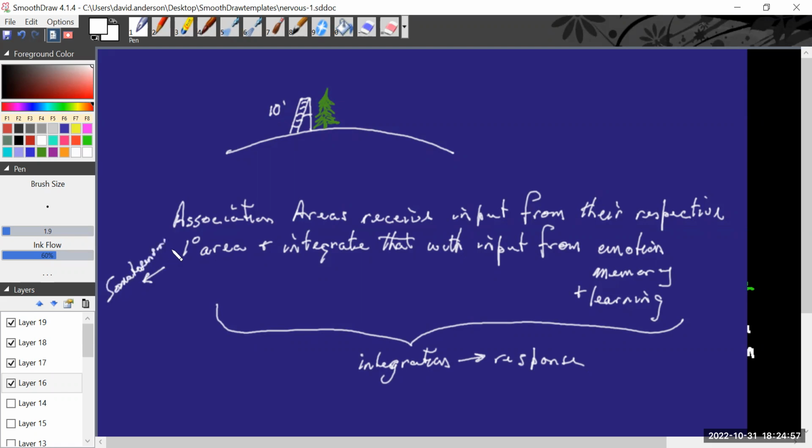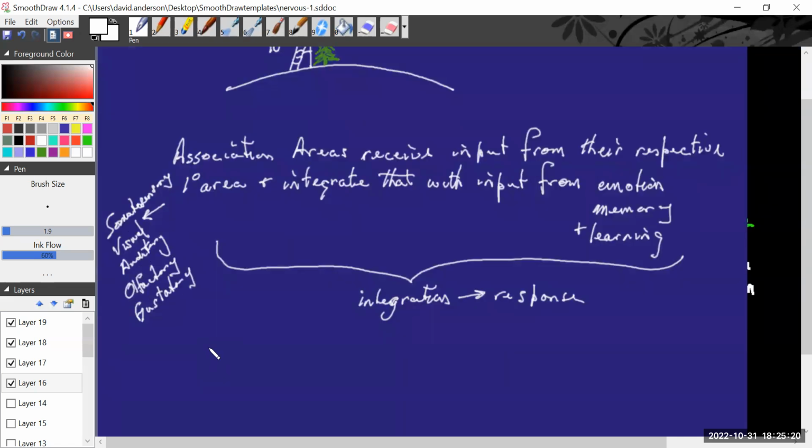So our primary areas might be somatosensory, visual, auditory, olfactory, gustatory, which is taste. You can imagine what happens with taste and emotion and memory and so on. Sometimes you've got a bad memory with a food, you never want to eat that food again.